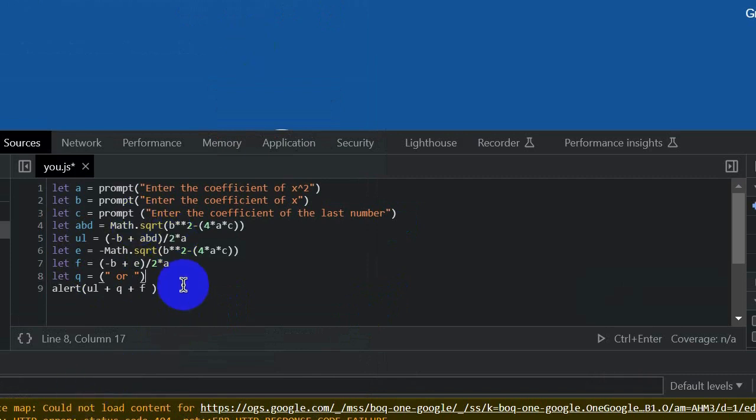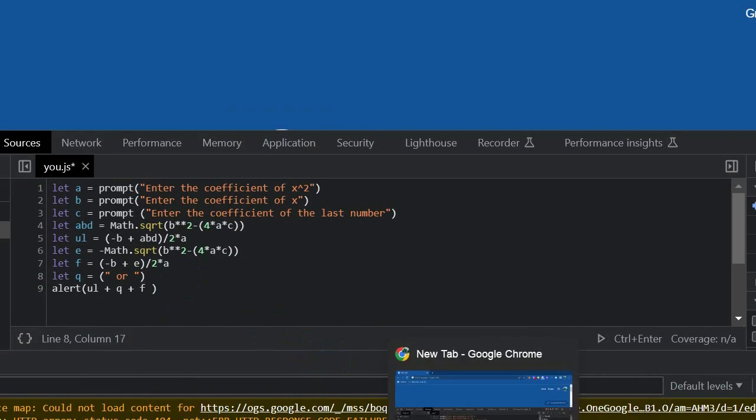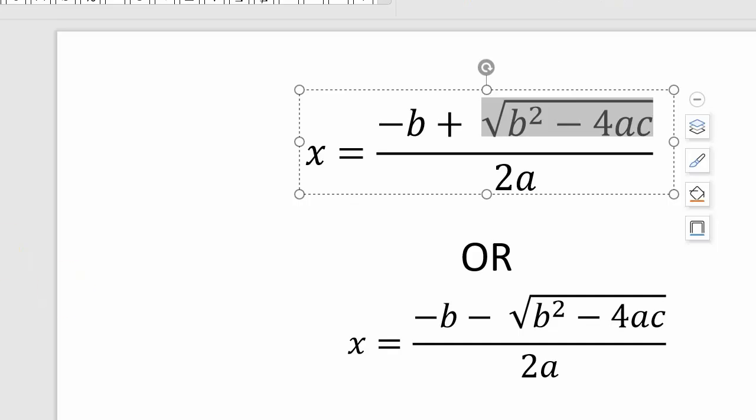I'm going to use one of my questions, as I saw in my textbook. I'm going to write the question here.